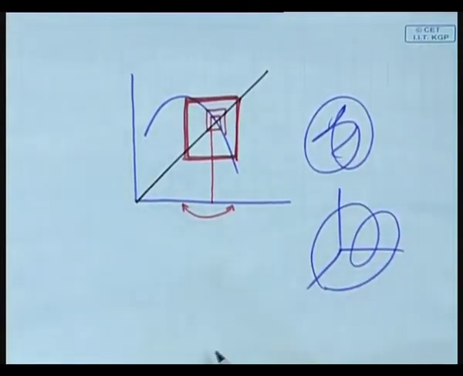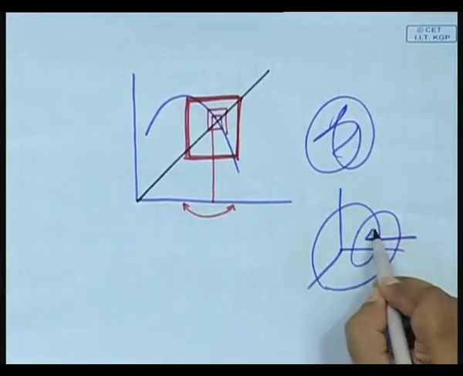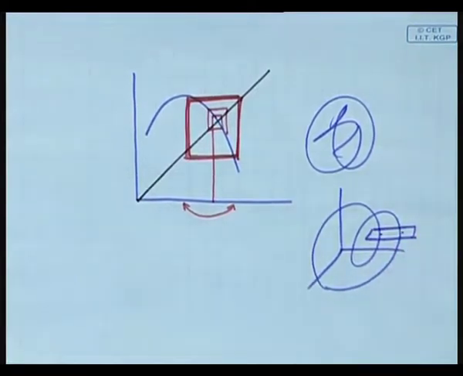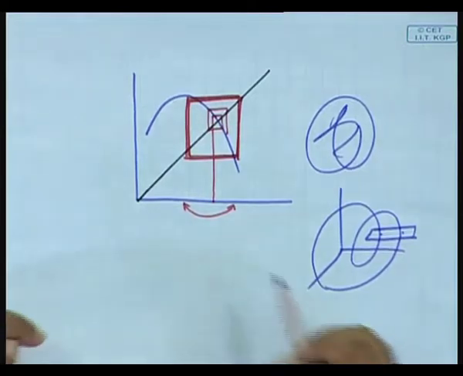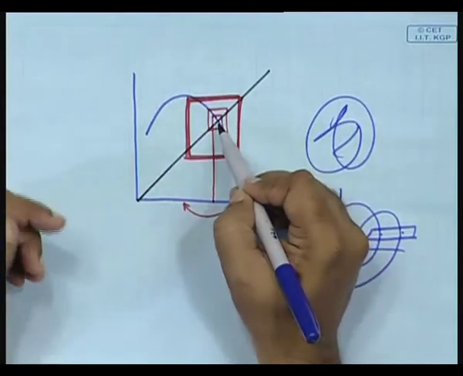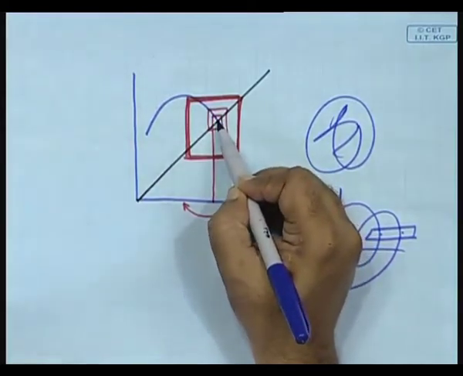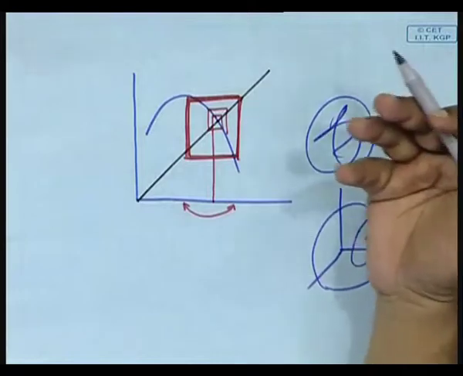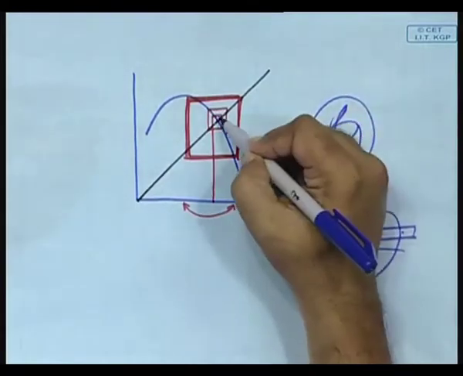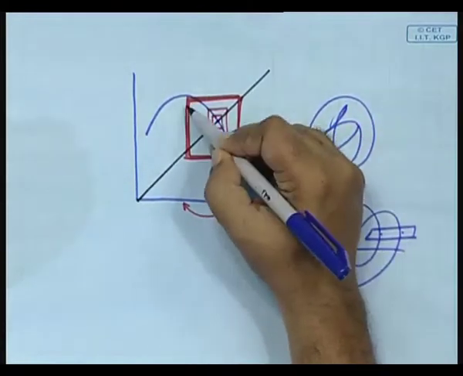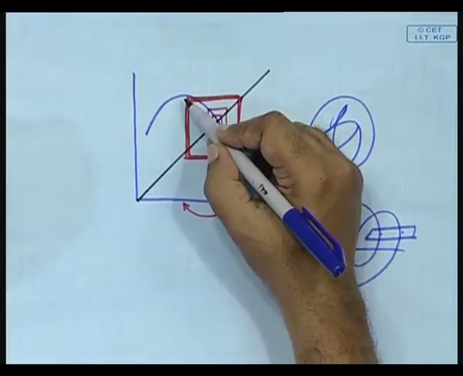A period 2 orbit, so that there are two intersections. Fine. So, this is how, even though one fixed point becomes unstable, the system does not become globally unstable. It is only locally unstable, but globally another behavior develops, a period 2 behavior.